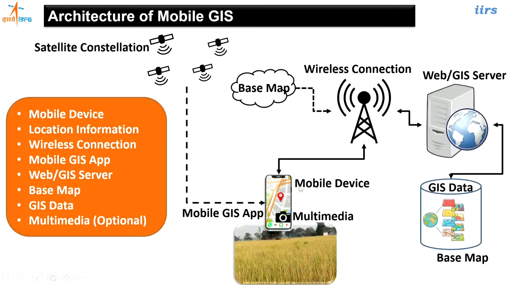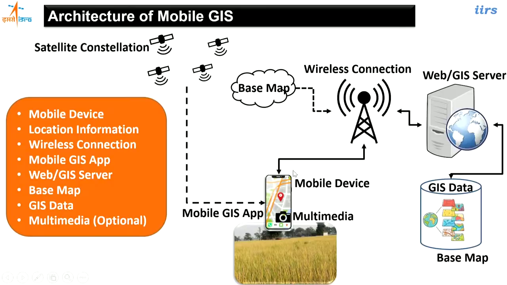Now either you can have a chip inbuilt in your mobile phone, or if not, you can have a GPS receiver. It can be a Bluetooth GPS receiver that captures the GPS location, and then you connect the Bluetooth with the mobile and you will have that location in your mobile device as well, as is the case with our NavIC receiver.